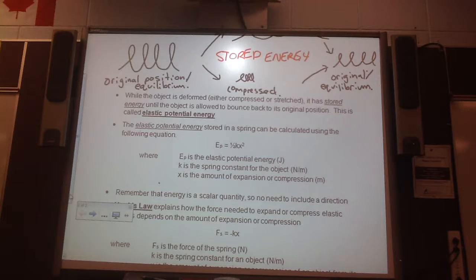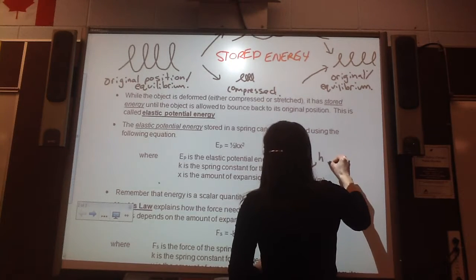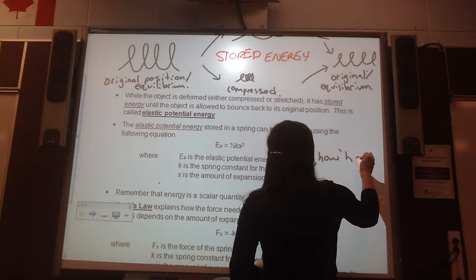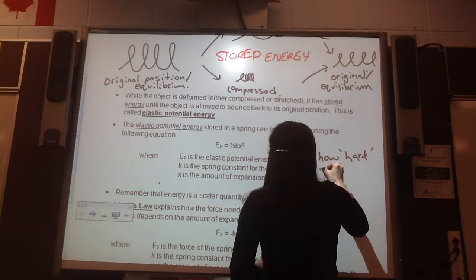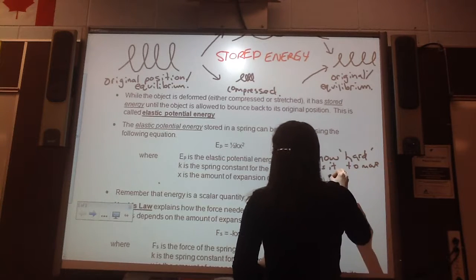Now K is the spring constant for the object. So it's like how hard is it for me to move the slinky? That's the slinky's spring constant. Okay? So it's like, how hard is it to move the spring?